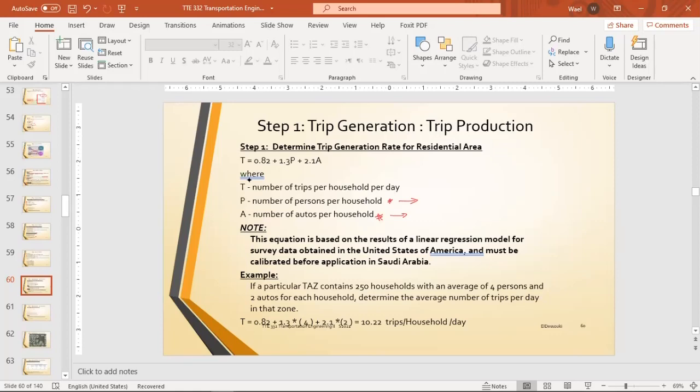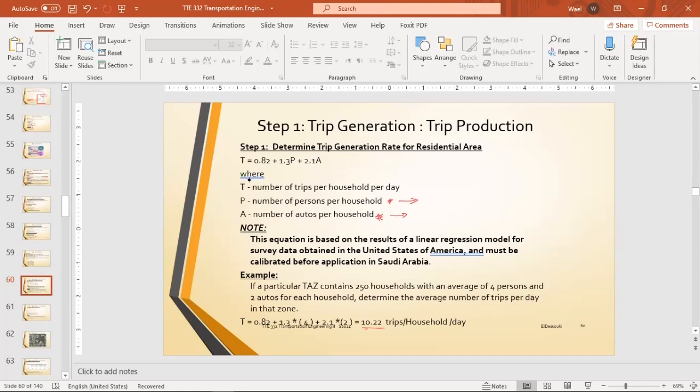Okay. So we solved an example last week on how to estimate the trips generated from this transportation analysis zone, and it was counted as 10.22 trips per household per day.